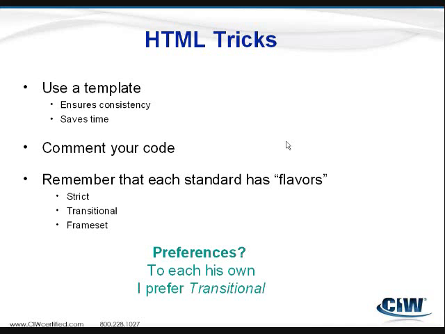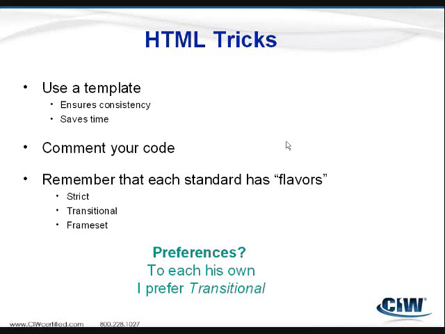We also can't forget there are different flavors of HTML or XHTML, whatever language we're working in: strict, transitional, and frameset. Which one are we supposed to be using? Well, obviously, if you're designing a page with frames, and yes, frames still do exist.